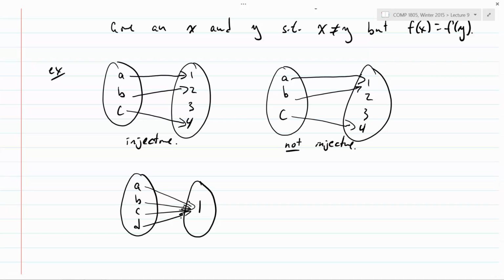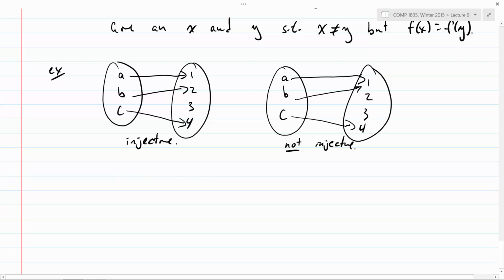And the reason for that is everything on the left has to have at least one outgoing arrow, and there's fewer things on the right. This is an application of something called the pigeonhole principle, which you'll learn about in 2804. Yeah, so you can look at it that way for sure. That's a helpful fact to keep in mind, absolutely. Other questions?